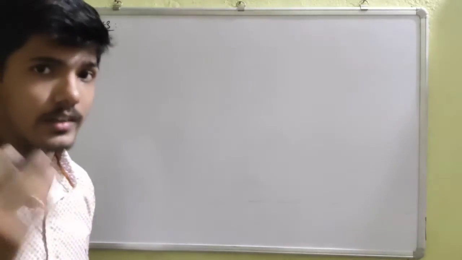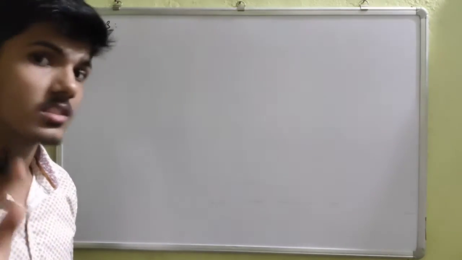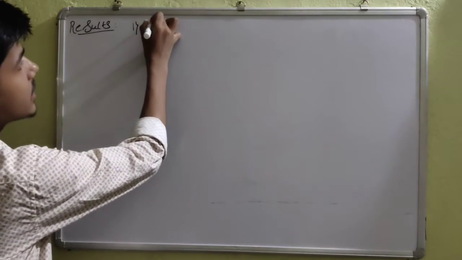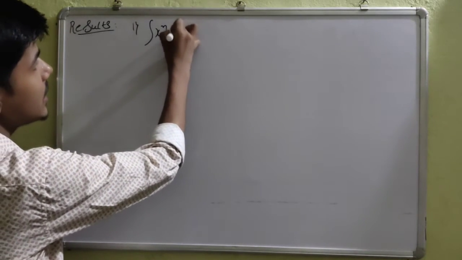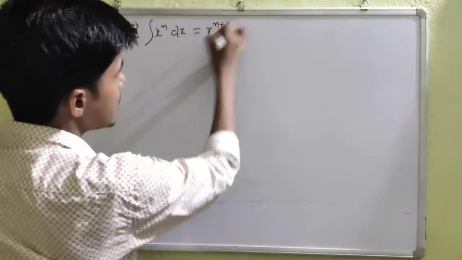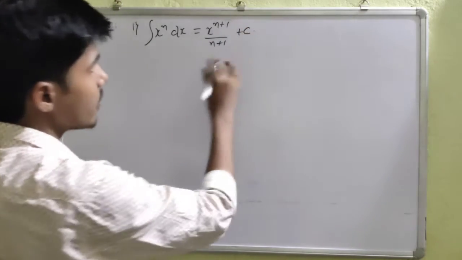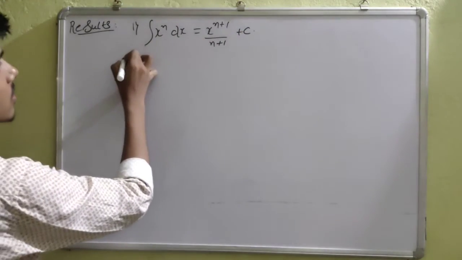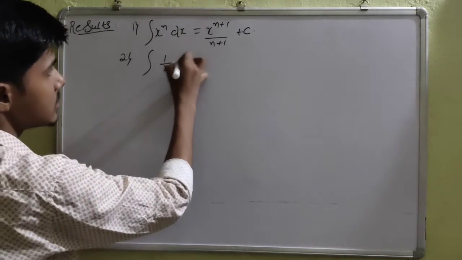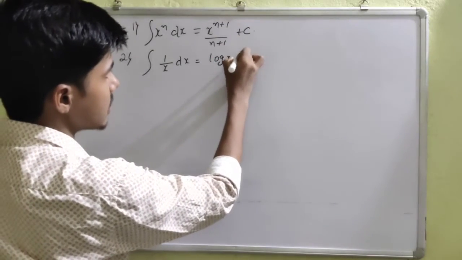Before going through the integration, we have to learn and memorize some results. The first one is integration of x to the power n dx is equal to x to the power n plus 1 divided by n plus 1 plus c, which we have already proved. The second one is integration of 1 by x dx is equal to log x plus c.